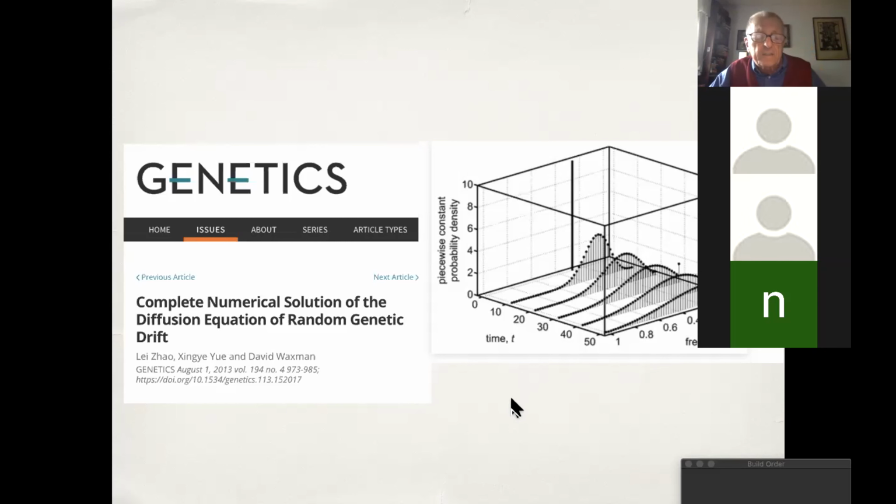I have no foggiest idea how to look at these pictures, but there is a considerable amount of mathematics in the paper, so that's my job to look through this mathematics. They propose a new code for solving it. It's a tricky business, and we shall see whether it's correct.